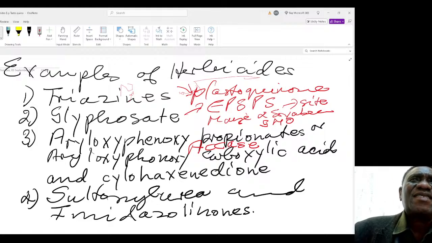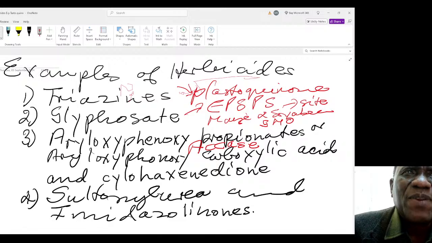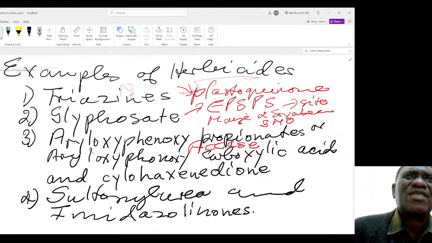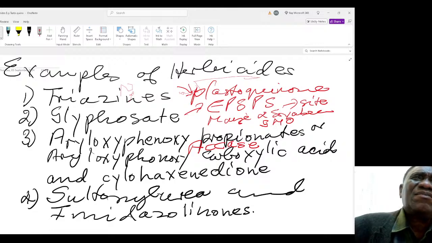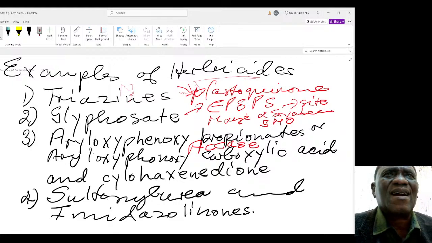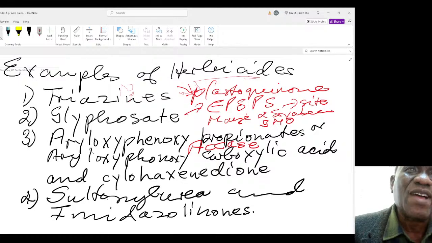So what it means is that for this group of herbicides, the allyloxyphenoxypropionates or allyloxyphenoxycarboxylic acid and the cyclohexenedione herbicides, they should be able to fit to this enzyme, acetyl coenzyme A carboxylase, for them to express their mode of action.